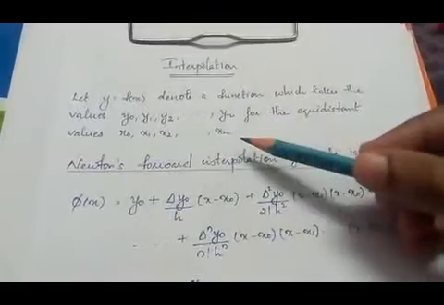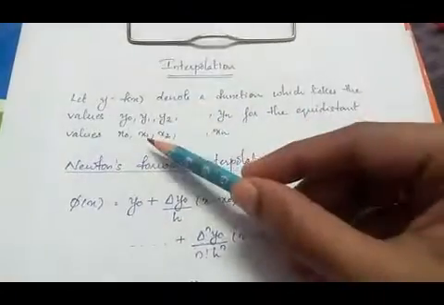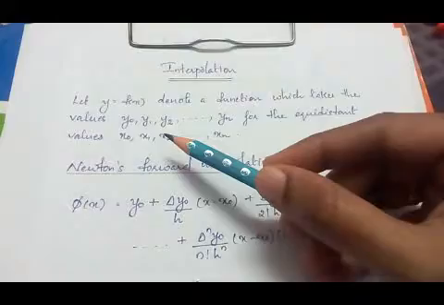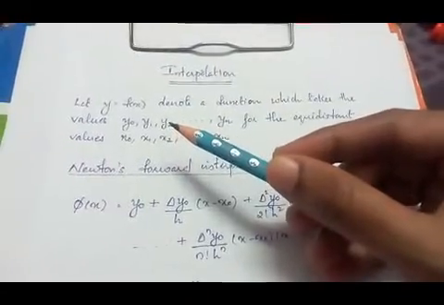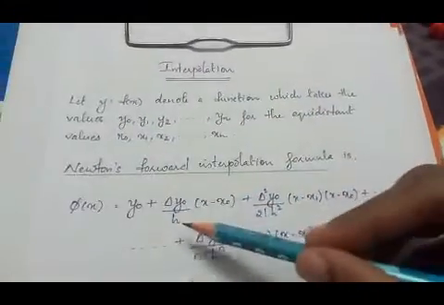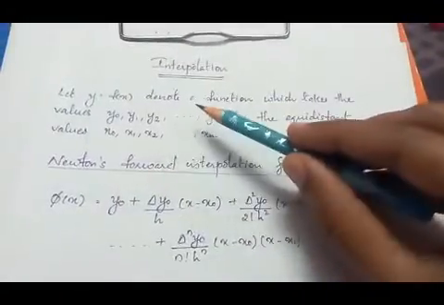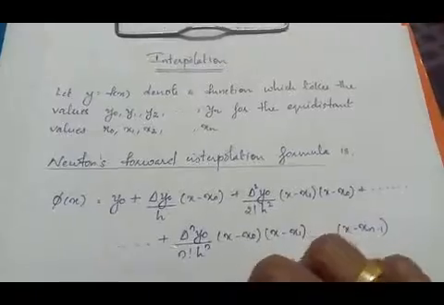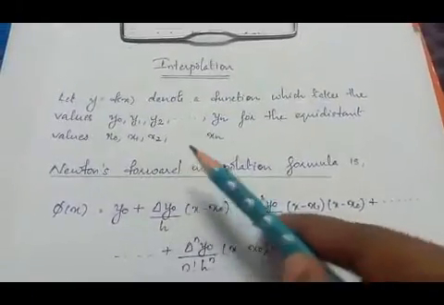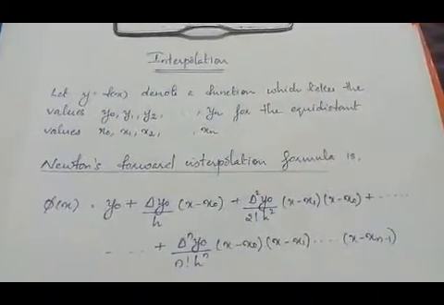So the equidistant values means that the consecutive arguments will be having the same interval of differencing. So here h is the interval of differencing. Then y0, y1, y2, etc. till yn are the entries. x0, x1, x2, etc. till xn are the arguments.